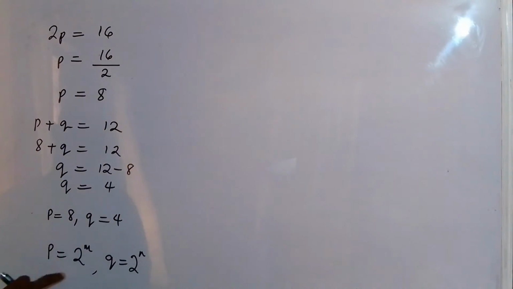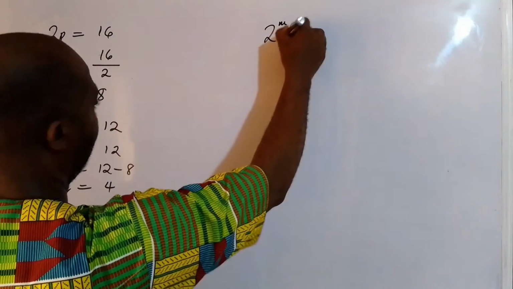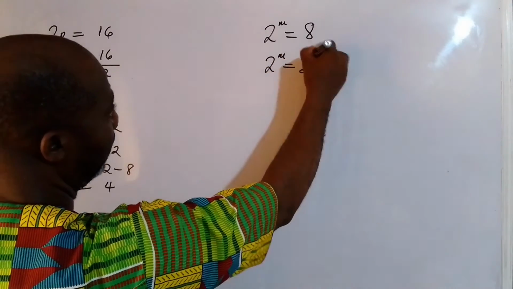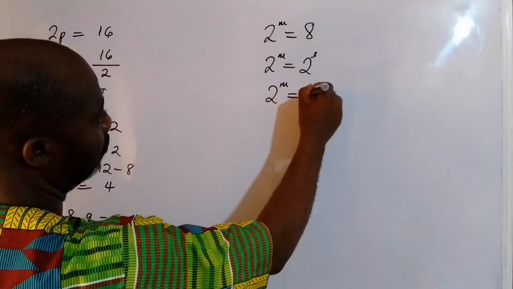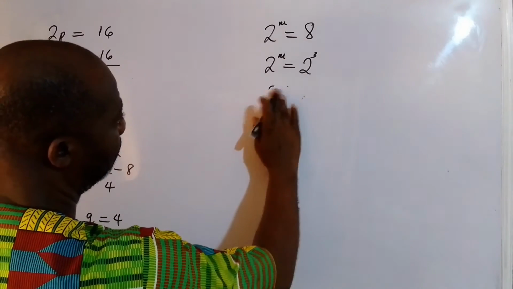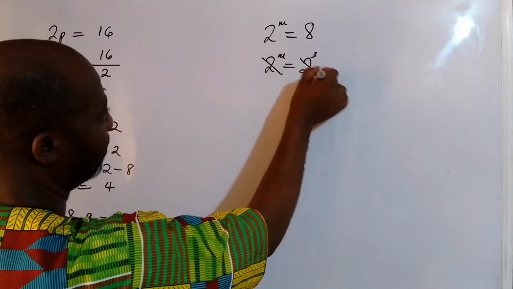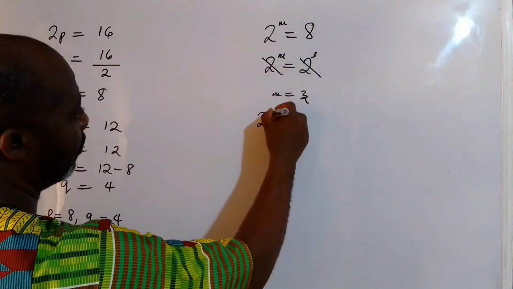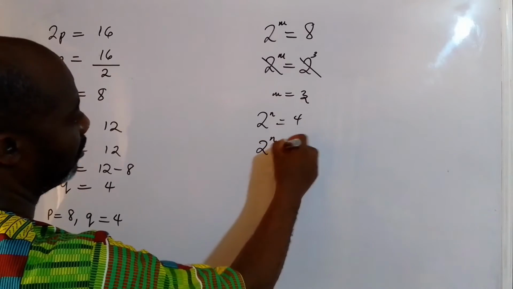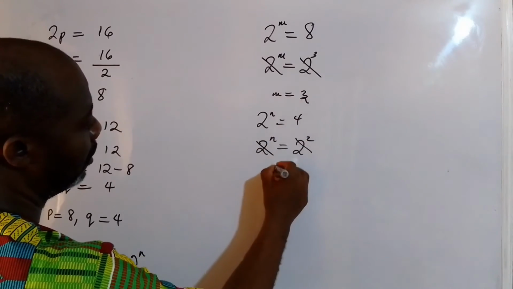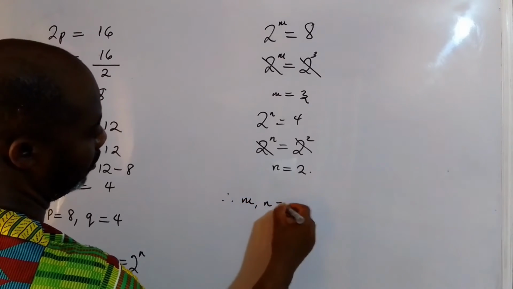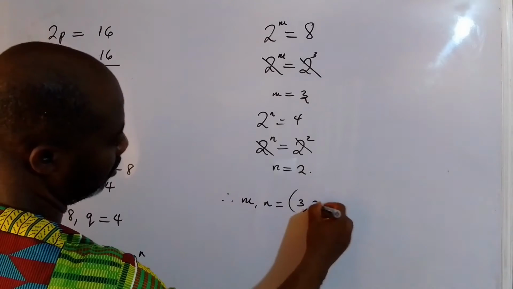Let's go back and see. p is equal to 8 here, so we have 2 to the power of m equal to 8. So 2 to the power of m equal to 2 to the power of 3, so the bases are equal, and therefore the powers will be equal. The same way, 2 to the power of n equal to 4, 2 to the power of n equal to 2 to the power of 2, so the bases are equal, therefore n will be equal to 2. Therefore, m is equal to 3 and n is 2.